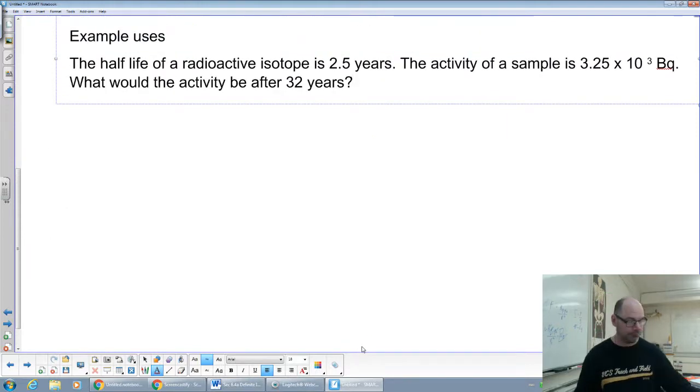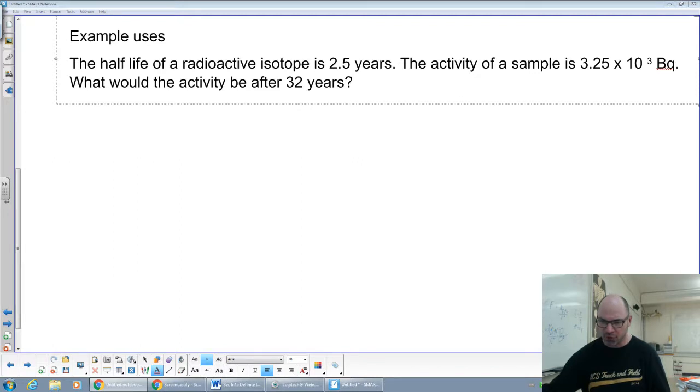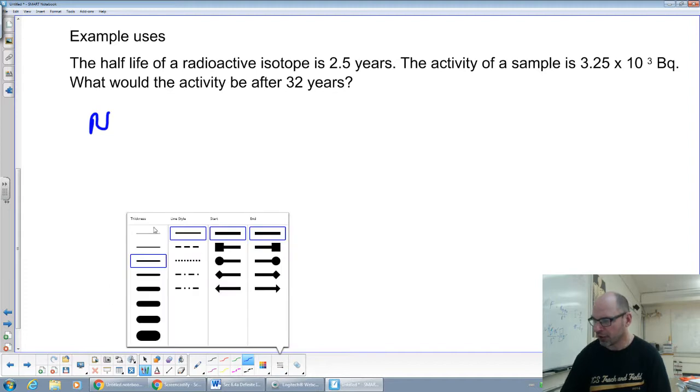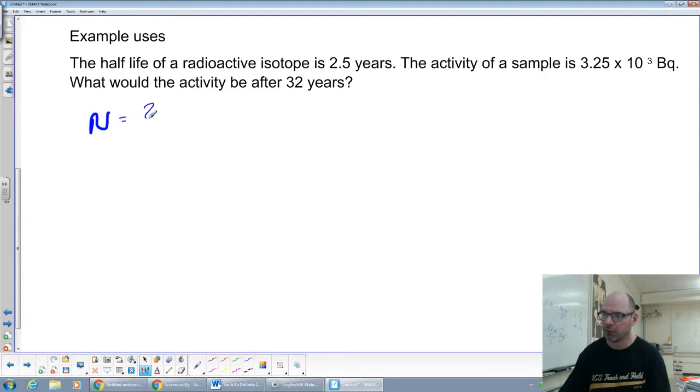Okay, so let's go ahead and set this up. So what do we know is what we really have to start with. We know what the original activity is. The future activity we don't know. We want to know what the future activity is after 32 years. So that's what we're trying to find. So if we take our equation here, the future activity is unknown.